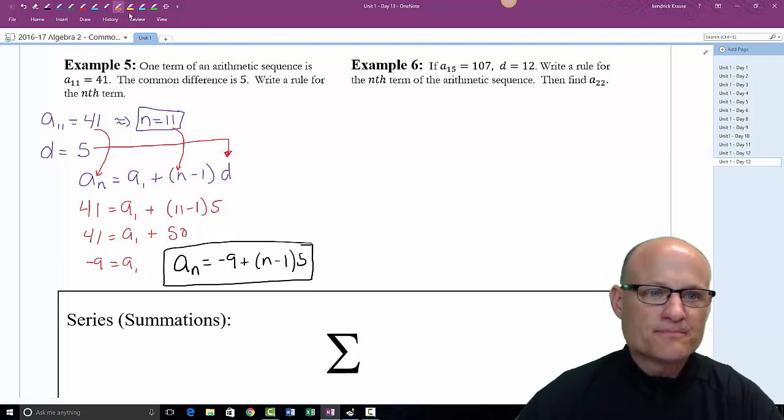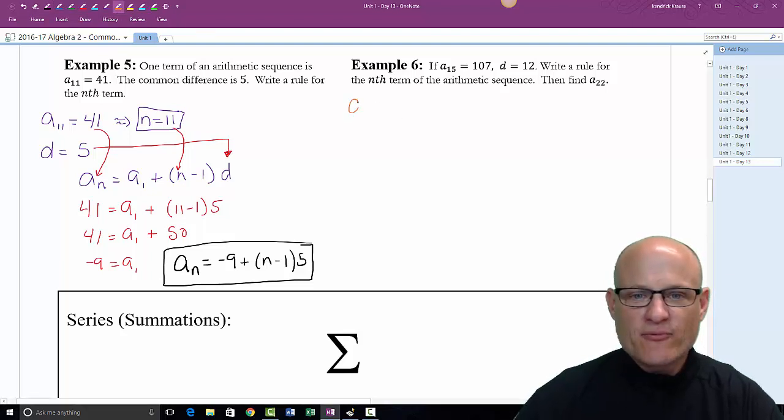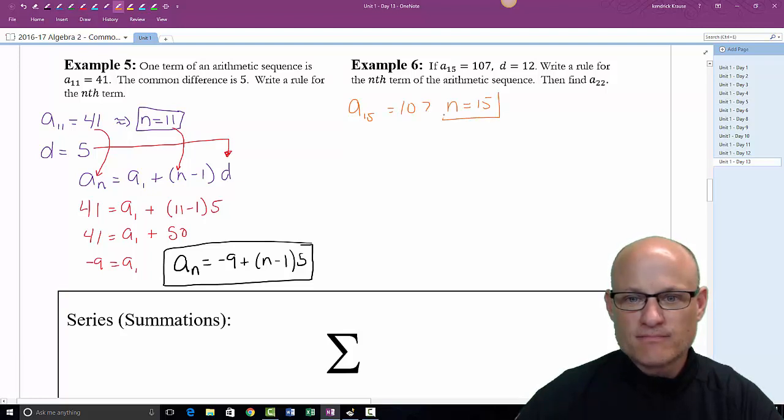So here we go again. Let's try another one. a sub 15 is equal to 107. That means n is equal to 15, because whatever is down here is n. Oh, and the d is 12. So a sub n is equal to a sub 1 plus n minus 1 times d.